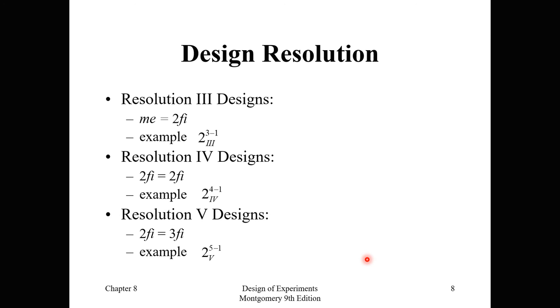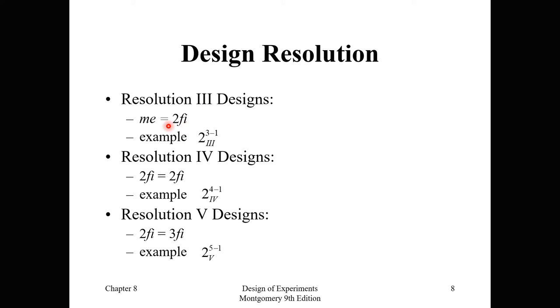Now, when we're looking at these, one thing that's an important vocabulary word to be aware of is called design resolution. Now, if you think about resolution in a TV, it's like how small do the pixels get, how accurate does it get. In a resolution of a design, we're asking how bad is the confounding.